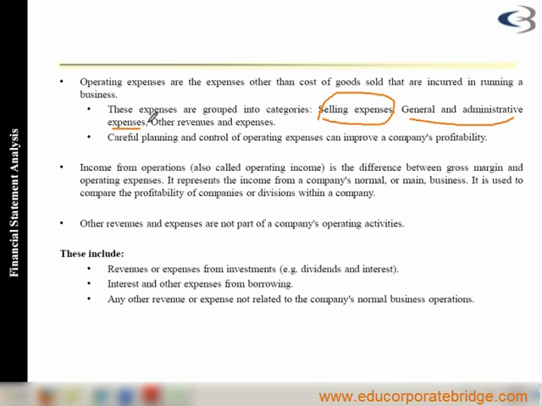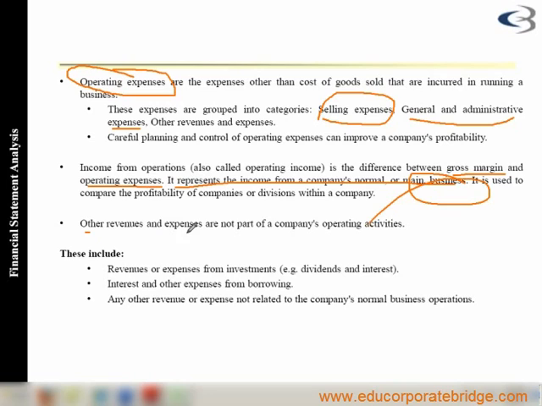All those are my general and administrative expenses. Income from operation is the difference between gross margin and operating expenses. From gross margin, I'll subtract my operating expenses, and the figure I get would be my operating income. It represents the income from a company's normal or main business. So main business income is your operating income.